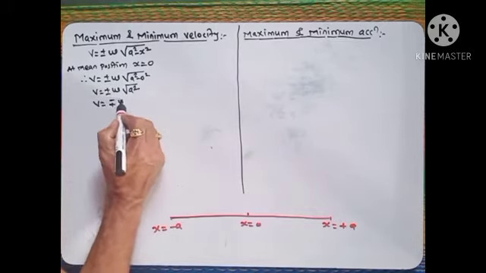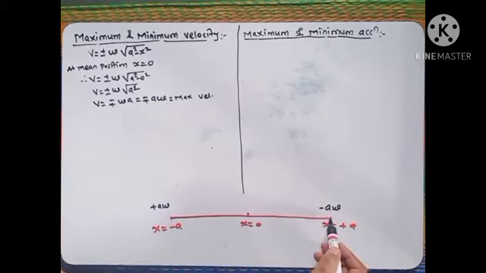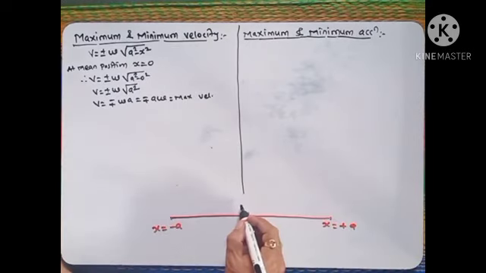That means when particle is at right extreme, x equal to plus a, we get minus a omega, and x equal to minus a, we get plus a omega as the velocity. Here we get maximum velocity a omega, plus or minus.